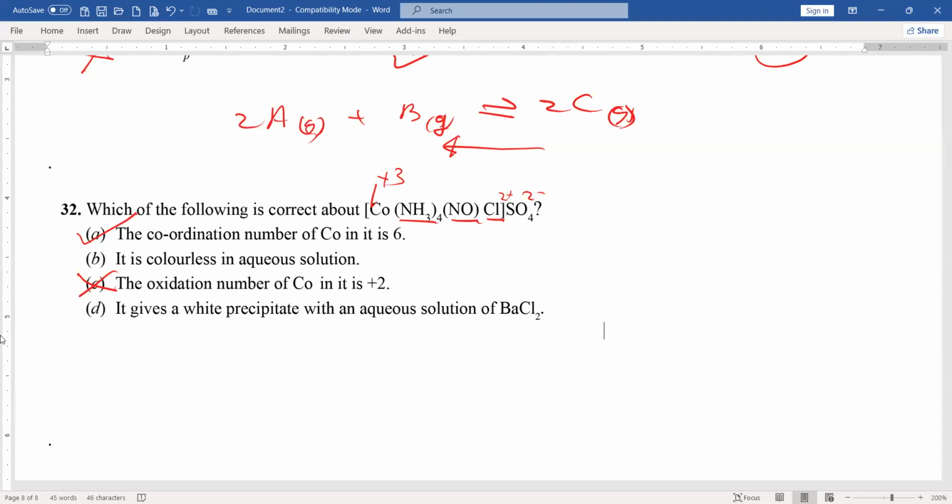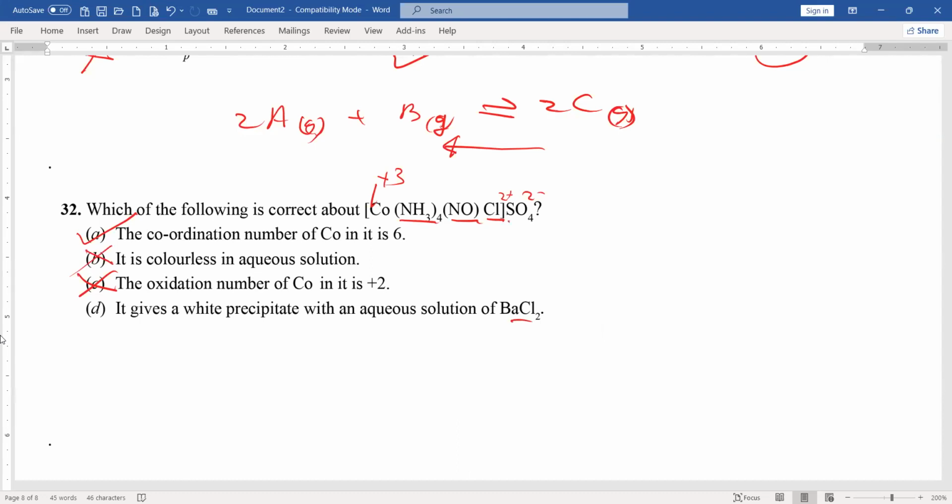Second one, it is colorless in aqueous solution. In this case, it is a cobalt 3 plus solution. It is colored, right? It must be colored because of the presence of the cobalt and ammonia, maybe yellow to brown. It gives a white precipitate with aqueous barium chloride.